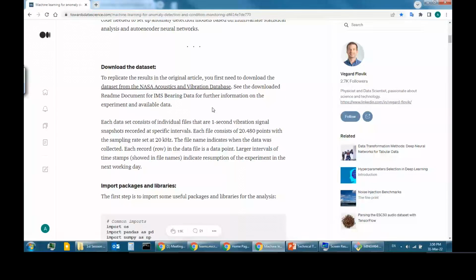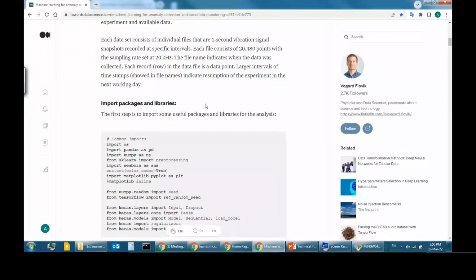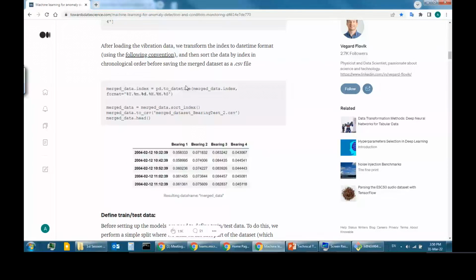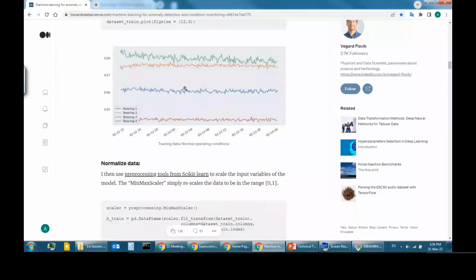One is based on statistical analysis. Actually, it is also using one kind of machine learning algorithm called PCA, principal component analysis. These are the readings collected from 4 bearings. And another technique is using autoencoders, which is also another kind of deep neural network.